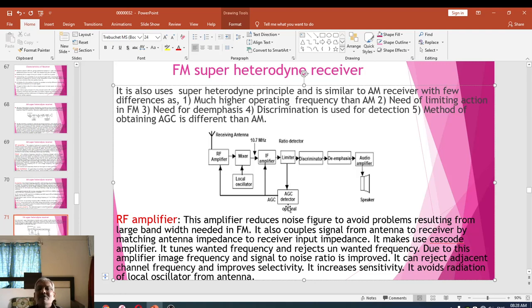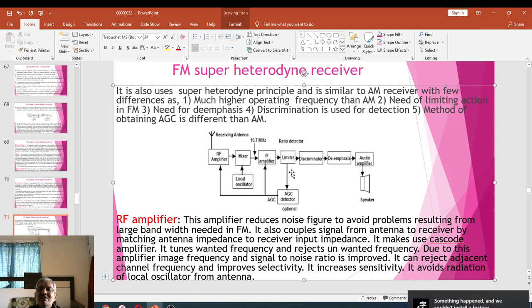Its job is to control the gain of the IF amplifier and also the gain of the RF amplifier. That is the specialty of the FM superheterodyne receiver, and the gain will be controlled automatically, depending upon whether the input received signal is strong or weak. Accordingly, the gain of the RF amplifier and IF amplifier is adjusted.